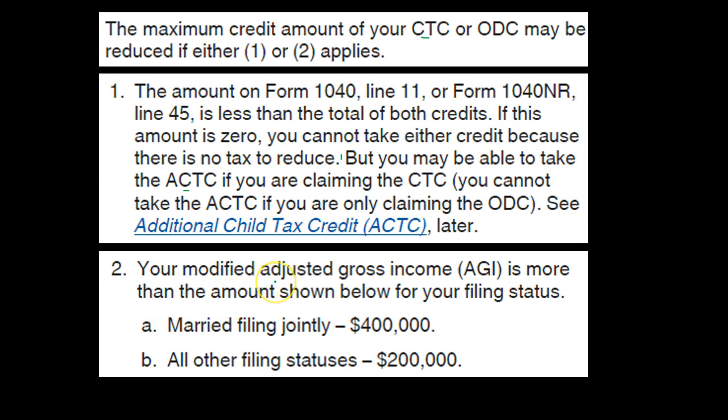Now you might have a question. We'll get into some technicalness of what is adjusted gross income and what does it mean to modify it. You can think of it as generally gross income, but adjusted gross income is really our gross income, taxable income, minus the above the line type of deductions. And even then there's going to be some modification for it.